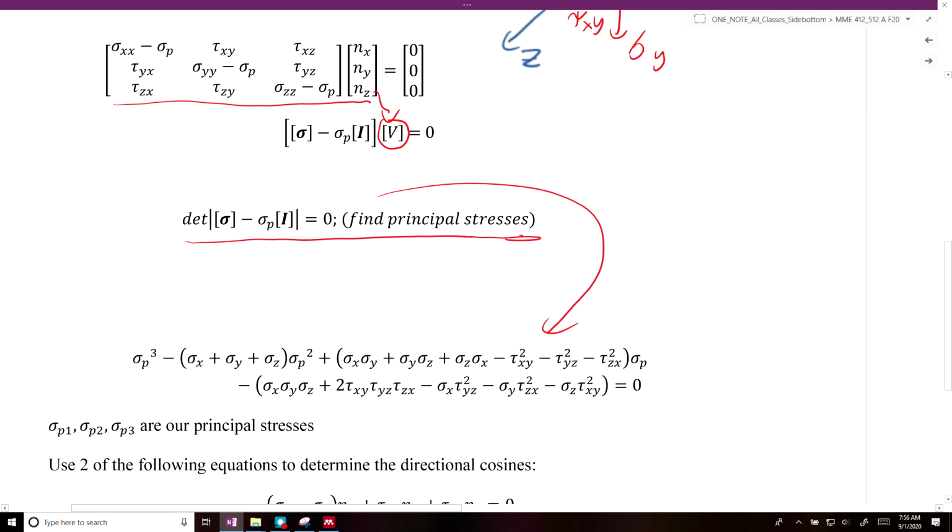If we solve our cubic polynomial, we'll get 3 values for sigma p: sigma p1, sigma p2, and sigma p3. Now, we'll note that these 3 values for our principal stresses, we'll rank them in terms of their magnitude. So sigma p1 is the largest principal stress, and sigma p3 is the smallest principal stress.